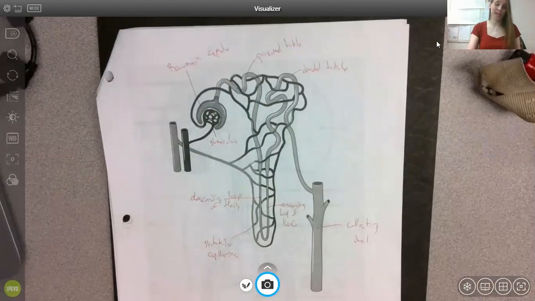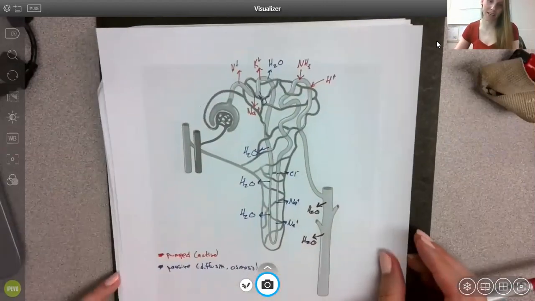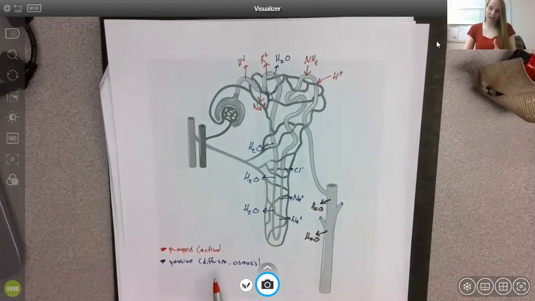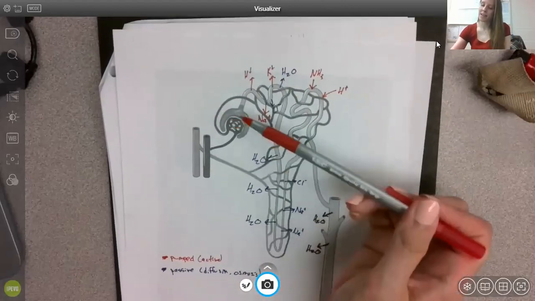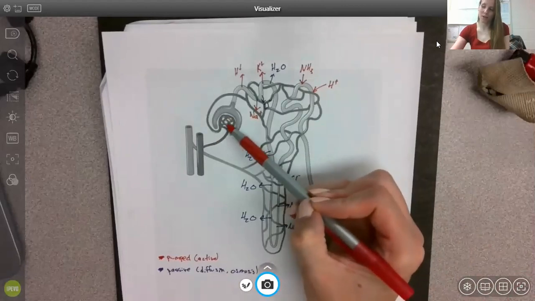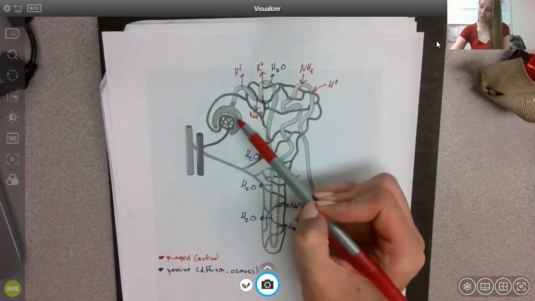Now let's talk about what's happening in all of those different areas. Anywhere I have red is active transport, where molecules are being pumped. Anything that's purple or dark is passive transport, so diffusion, or osmosis if we're talking about water. The molecules move from the blood in the capillary bed into the Bowman's capsule.